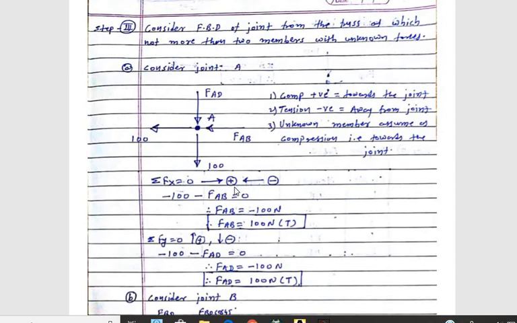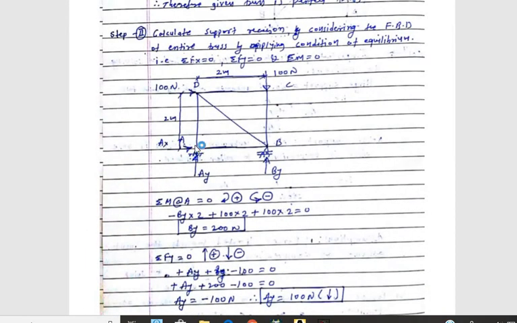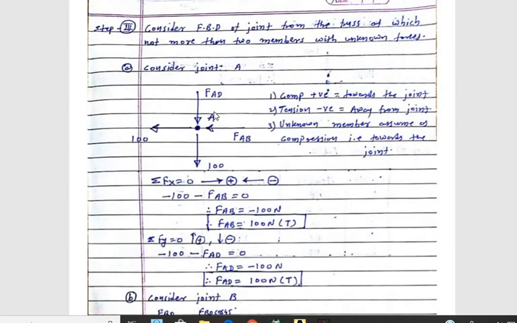Consider joint A. Observe joint A. At joint A there are members 1 and 2, both unknown. B you are not able to select, because at B there are initially 3 unknowns. C you are able to select because at C there are 2 unknowns. But we are going alphabetically, A, then B or C or D. So first see A.